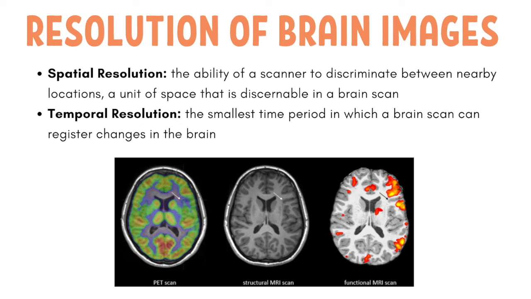So, with higher spatial resolutions, the image is able to capture more details. And on the other hand, temporal resolution is the shortest time period in which a brain scan can register changes in the brain activity. This is relevant to techniques that record brain activity, such as CT scans, fMRIs, and PET.